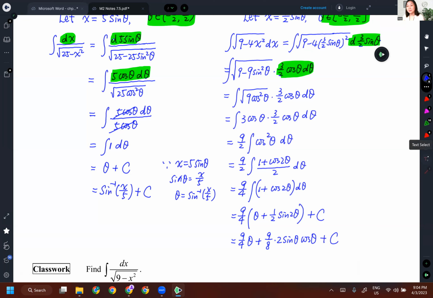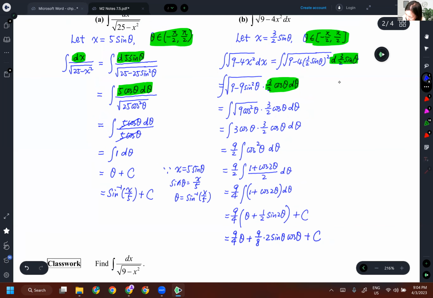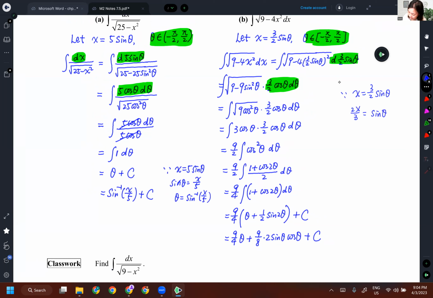Now, why do I have to do that? Because this is simpler, you will see, because this can be replaced by x more easily. Look here. Now, because x equals 3/2 sine theta, 2x/3 equals sine theta. So this one, 9/4 theta, is 9/4 times the inverse sine of 2x/3.